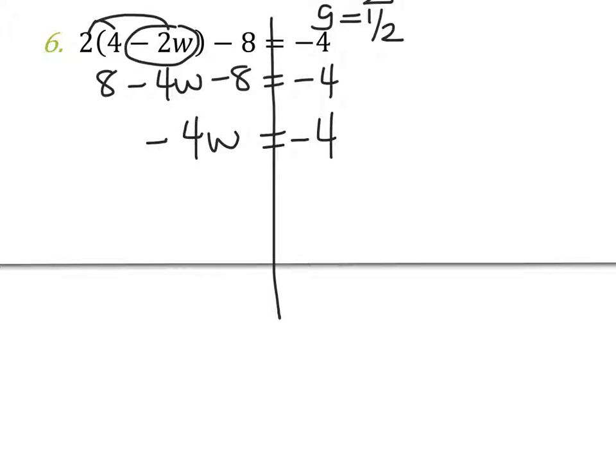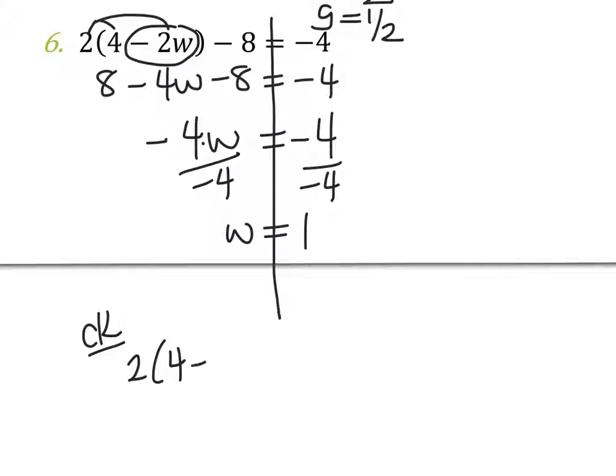And now I only have one more step to do, remembering that there's that little multiplication symbol there. I'm going to divide by negative 4 and get w equals 1. This one I will do the check real quick to show you guys. So I get 4 minus 2 times 1, minus 8 equals negative 4.